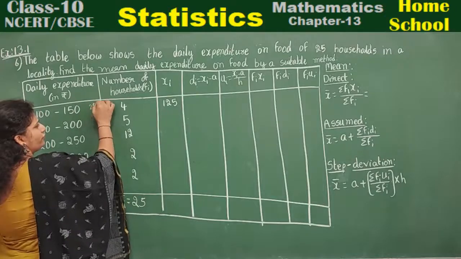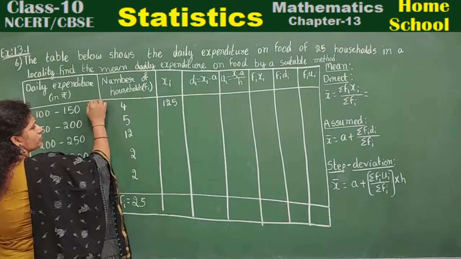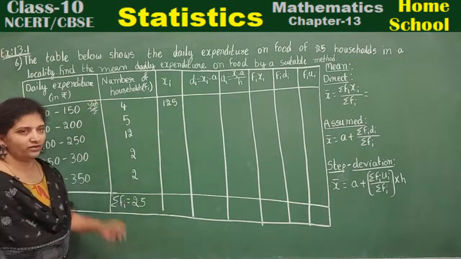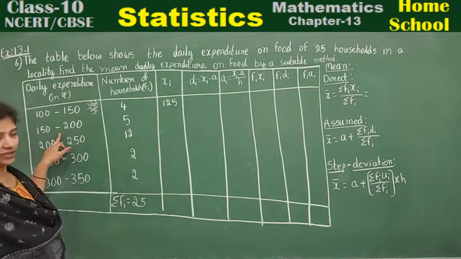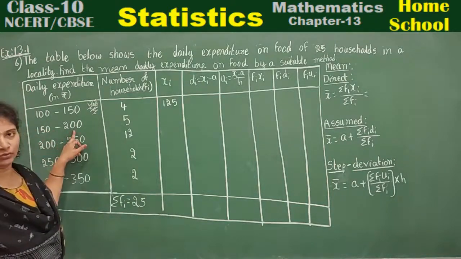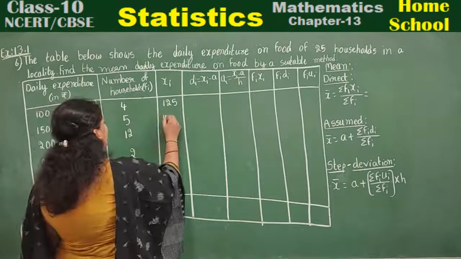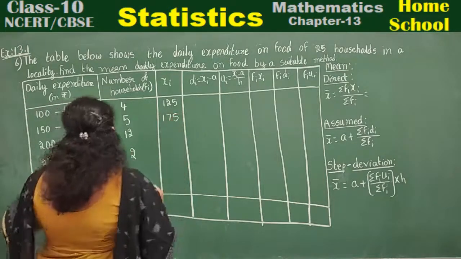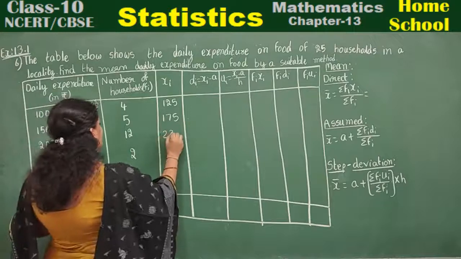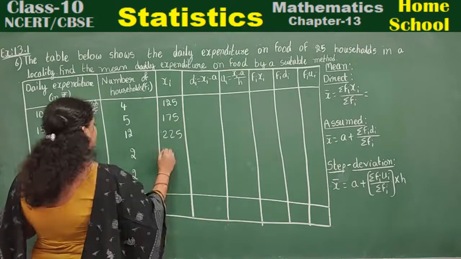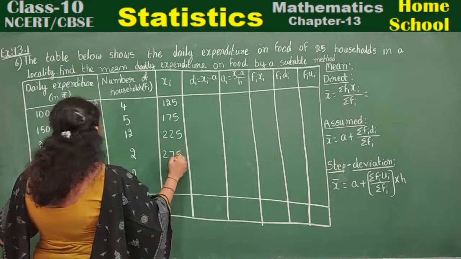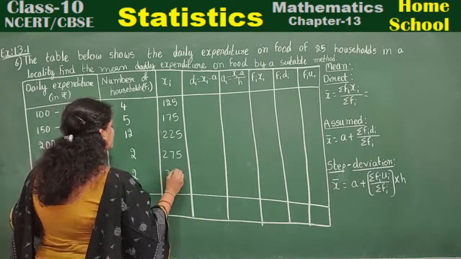Similarly, for 150 and 200, add and divide by 2. You are going to get 175. Next, 225. 275. 325.